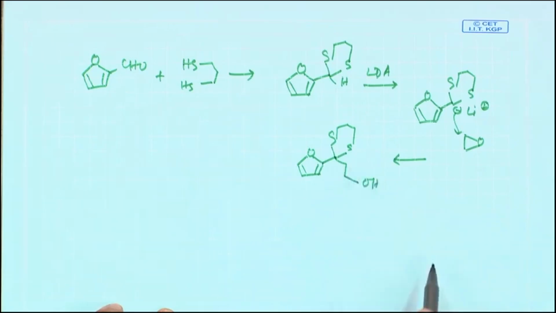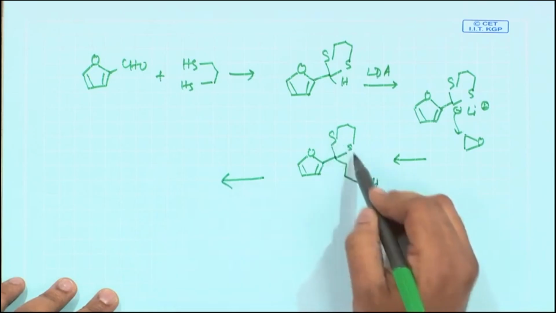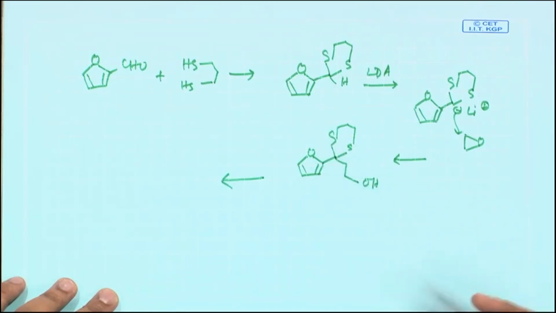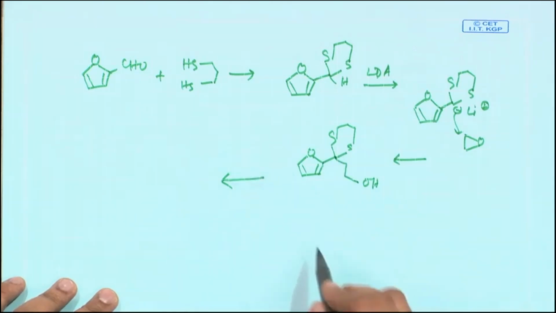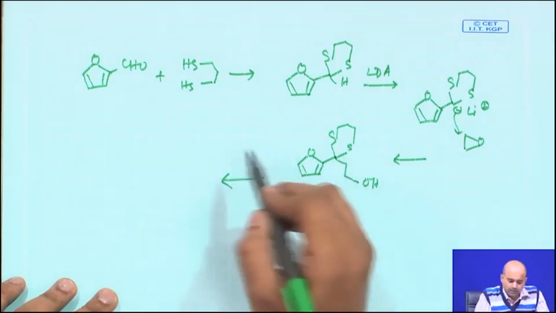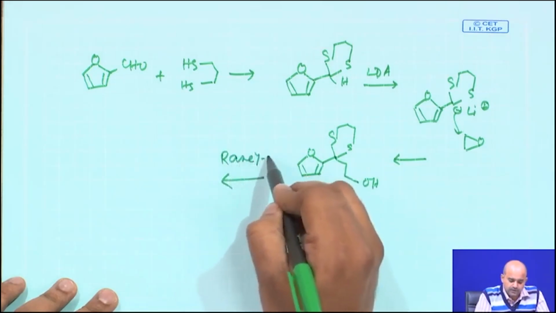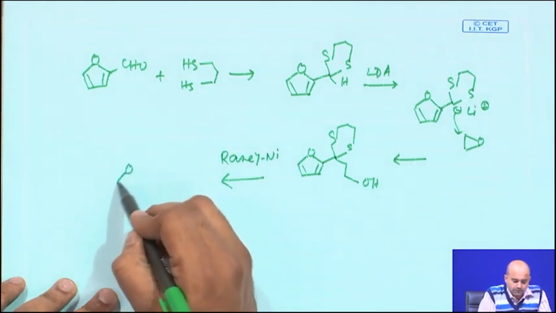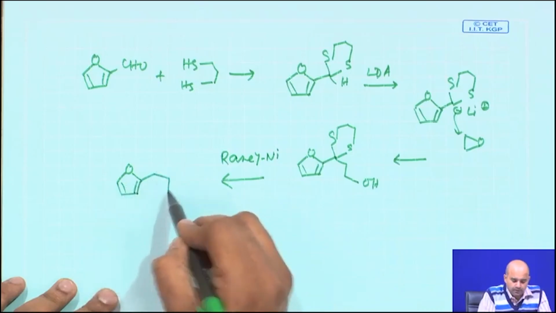So, the 2 carbon addition was done, but in the final product this 1,3-dithiane was not required. So, now this 1,3-dithiane is surplus, extra. So, now you need to remove it with some reagent. If you remember the very beginning part of our lecture, we talked about sulfur being easily desulfurized by a reagent named Raney nickel. So, Raney nickel will essentially reduce this sulfur group and give you a CH2.